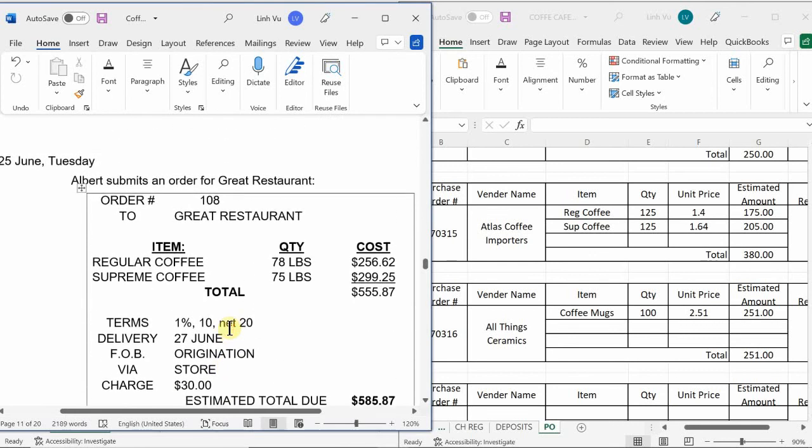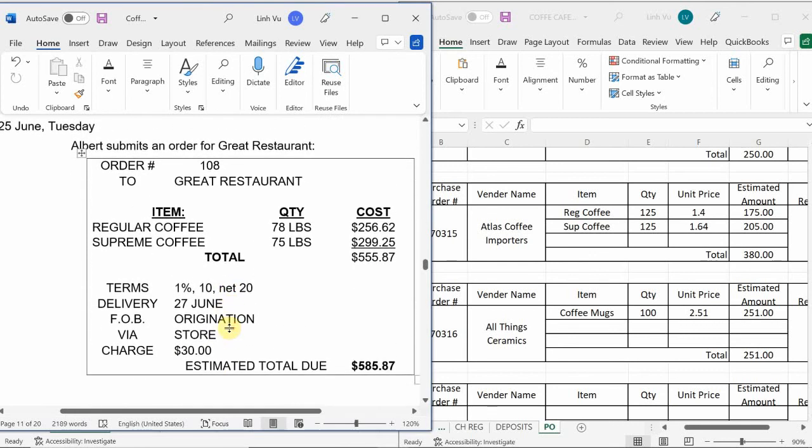And then let's see. Albert submits another order for Great Restaurant. Great Restaurant wants 78 pounds of regular coffee and 75 pounds of the supreme coffee.